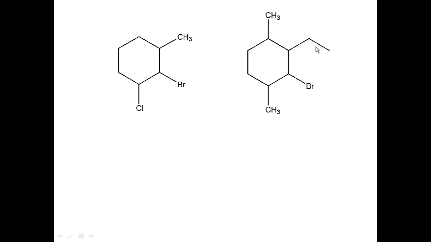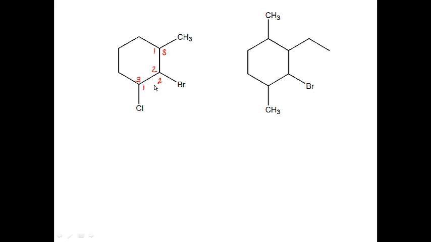Okay, here's 2 more. Can you write the names of these 2 molecules? If you think you have it, then stop the video and go ahead and write out the 2 names, and we'll see if you're right. Okay, for the molecule on the left, I can either number this 1, 2, 3, or I could number this 1, 2, 3.